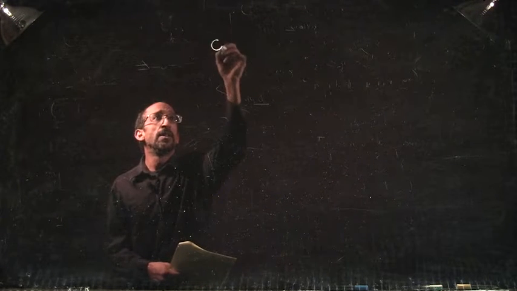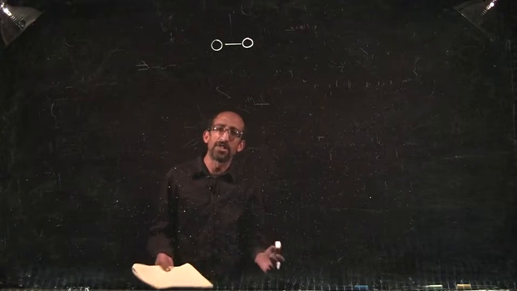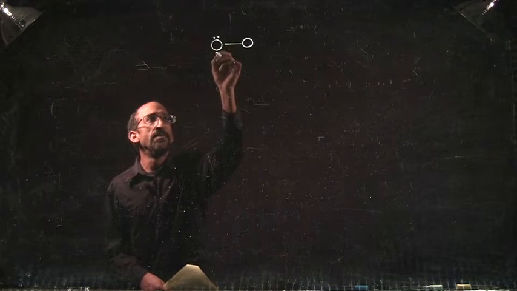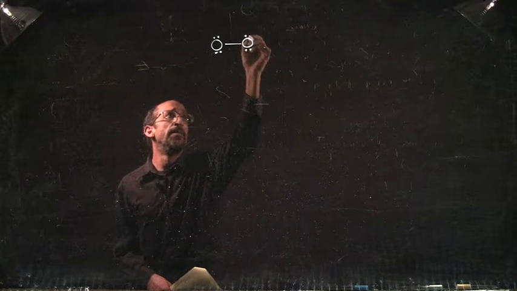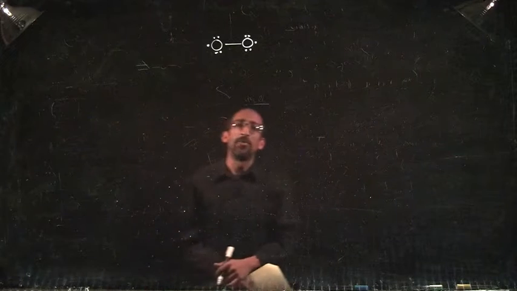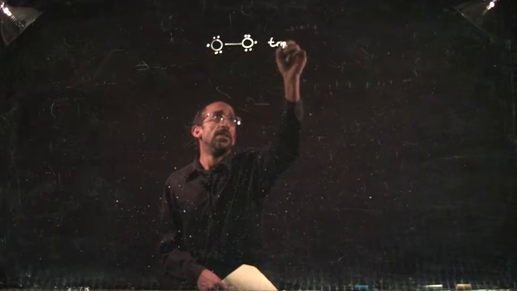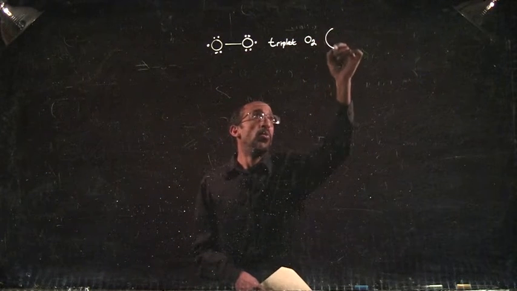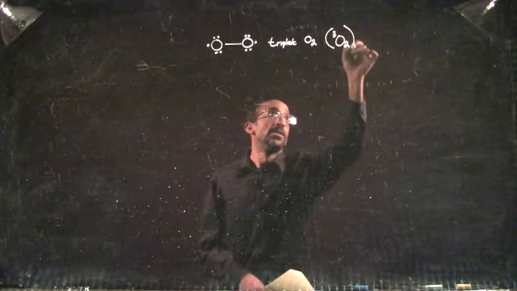Molecular oxygen has 2 oxygen atoms attached to each other, and in its ground state, its preferred lowest energy state, the O2 molecule is actually a diradical, and this is known as triplet O2, which the shorthand for it as an organic chemist looks like that.